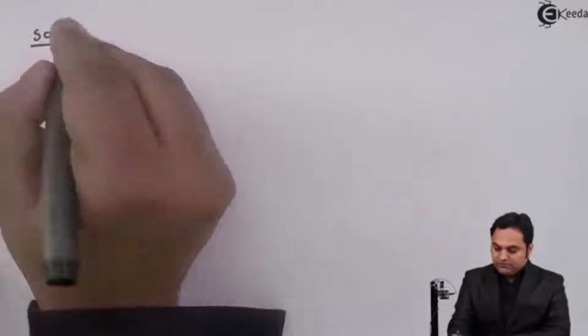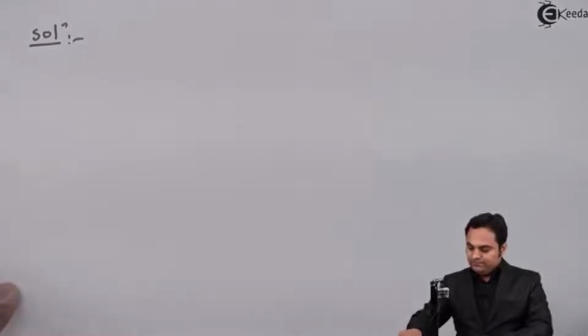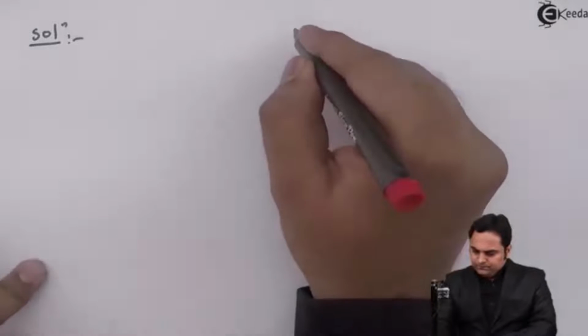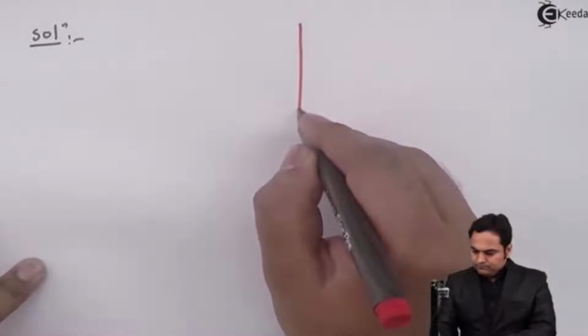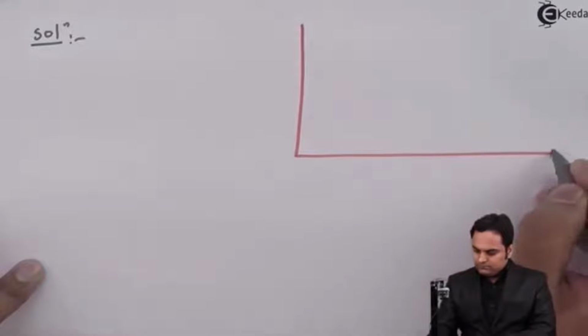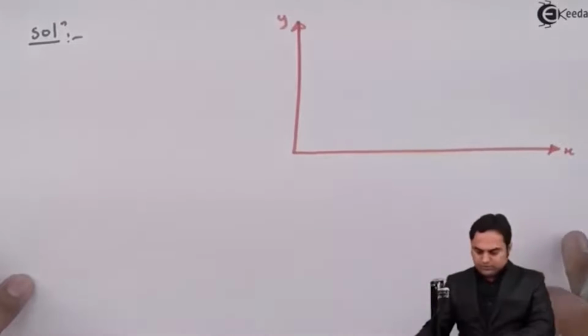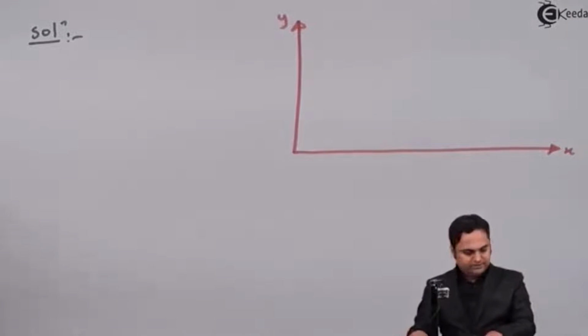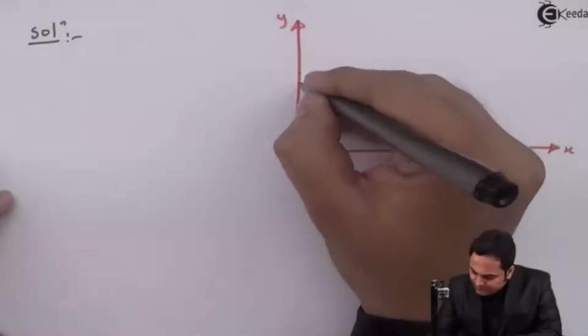Now in the solution part, first we have to draw the diagram of the rectangle which is given. Here B is 1500 and D is 1000.